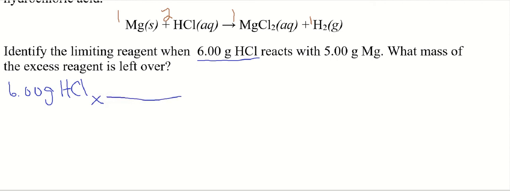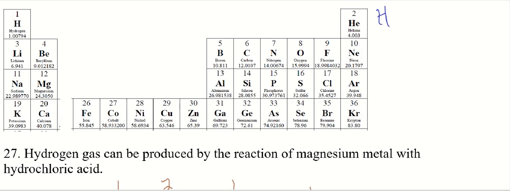If it didn't ask anything else, I would just round these numbers, like HCl to 36.5 or something like that, but I can see it's asking me to calculate something later. So H is hydrogen.